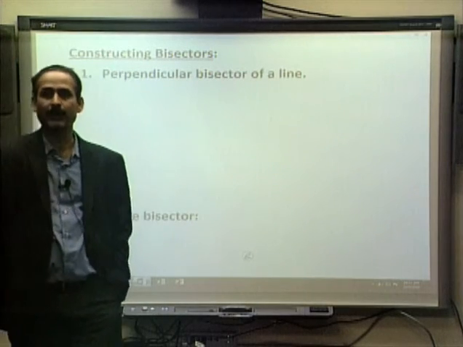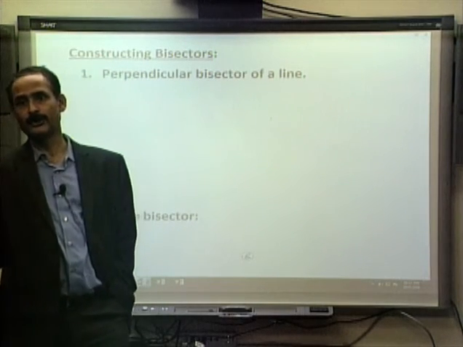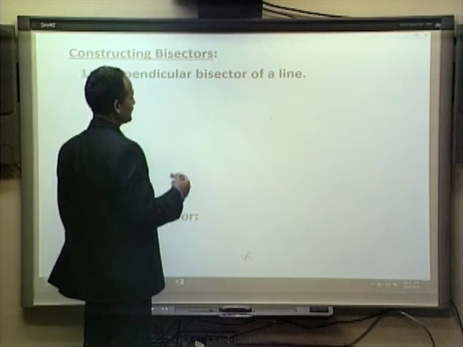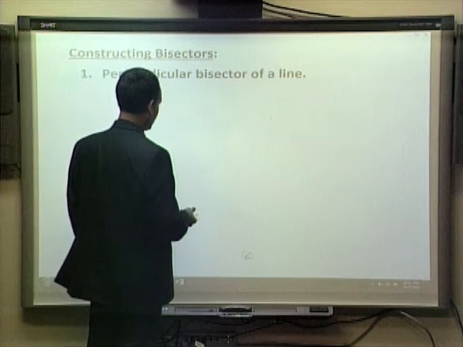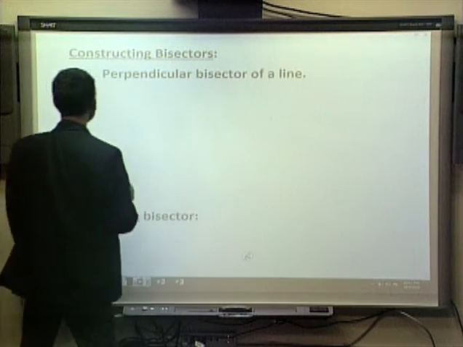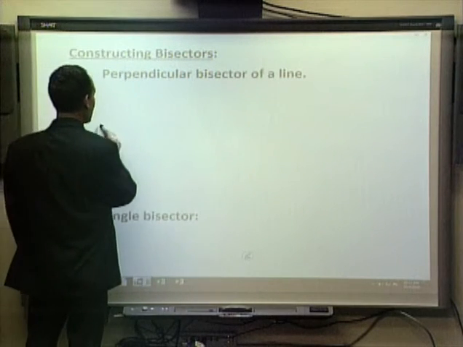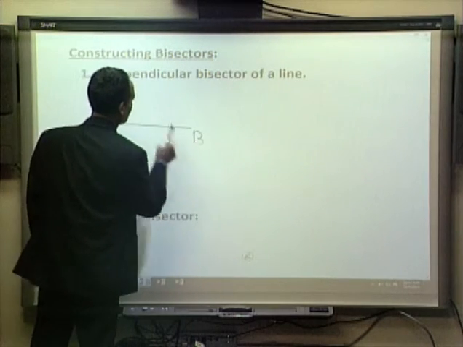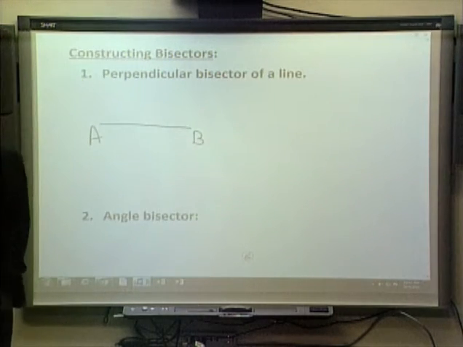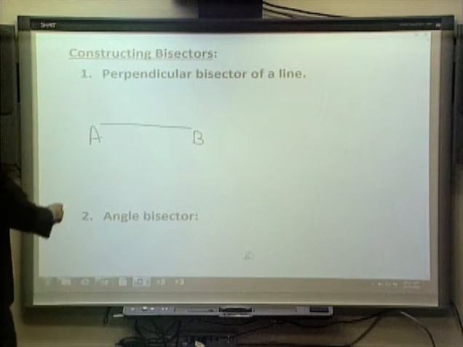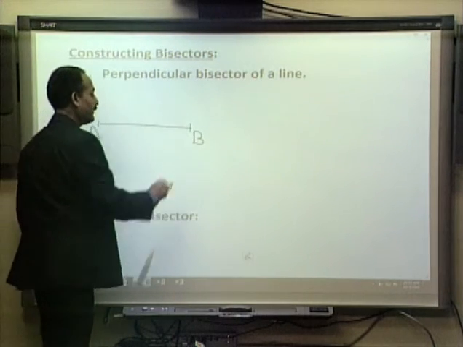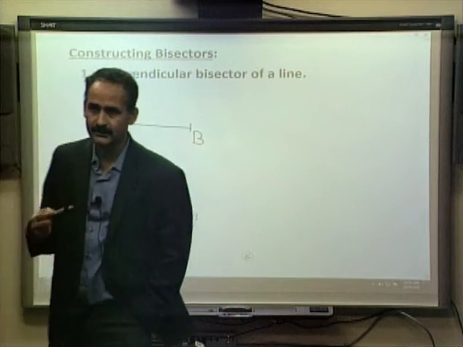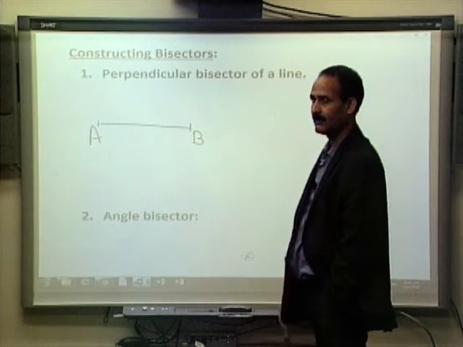Bisector means to divide into two equal halves, and perpendicular bisector means we want it to be perpendicular. Let us say AB is a line and we want to construct a perpendicular bisector of AB. AB is the given line.